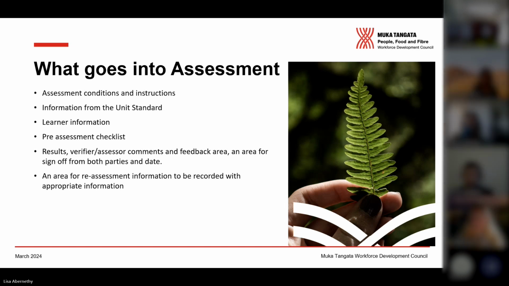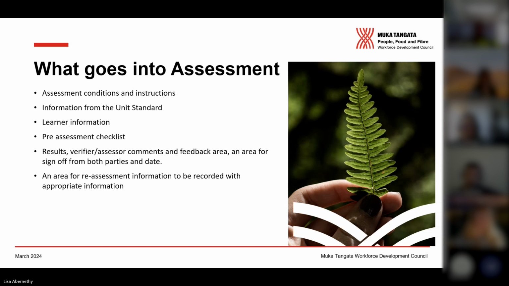Pre-checklist: this contains a checklist to ensure the learner is ready for the activity, so they understand the conditions, any special requirements, and have a chance for any questions before starting. We really want to give the learners the best opportunity to succeed.